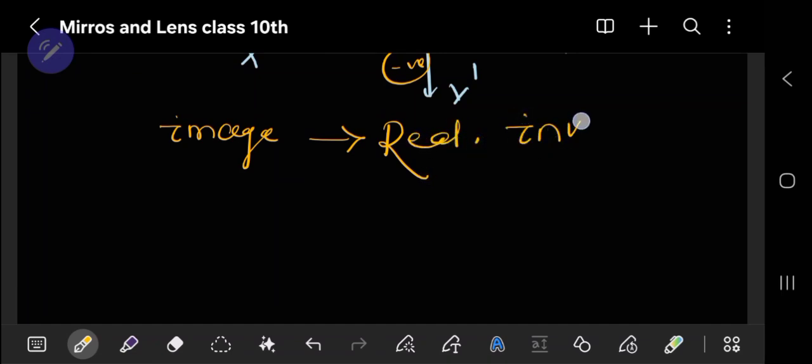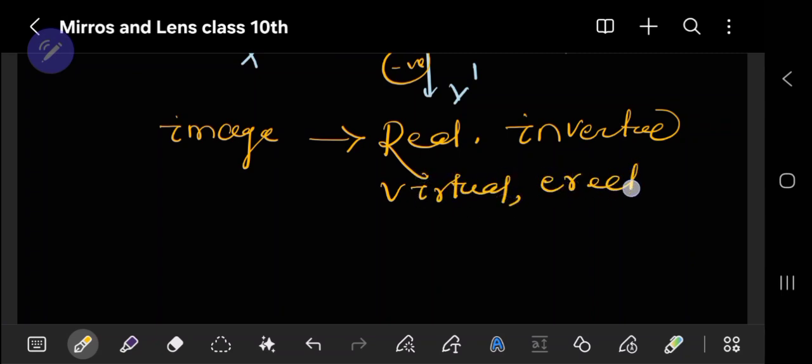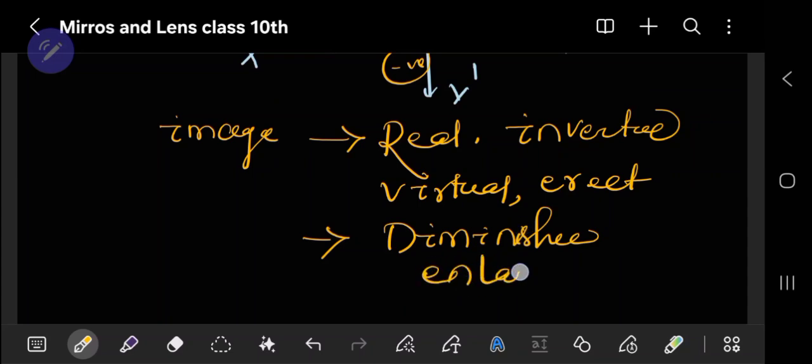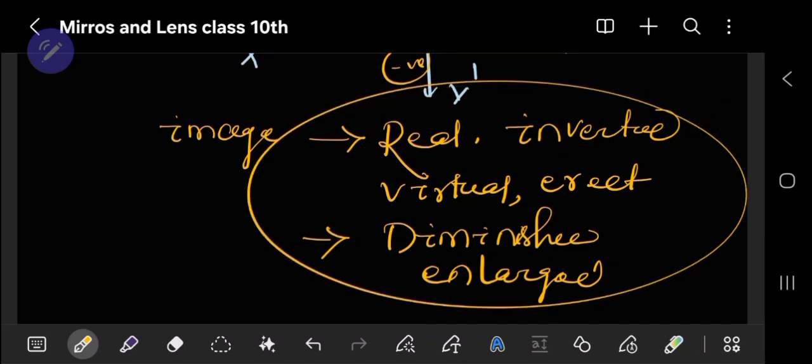Your job basically is to understand whether the image is real and inverted, or virtual and erect, and whether the size will be diminished or enlarged. These are the couple of things you need to understand while dealing with sign convention.